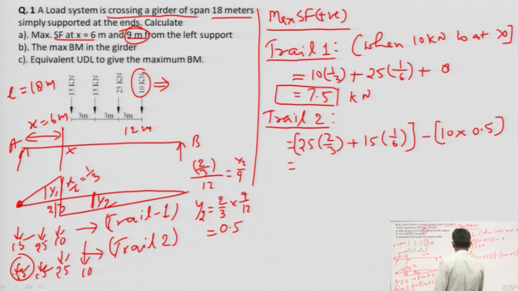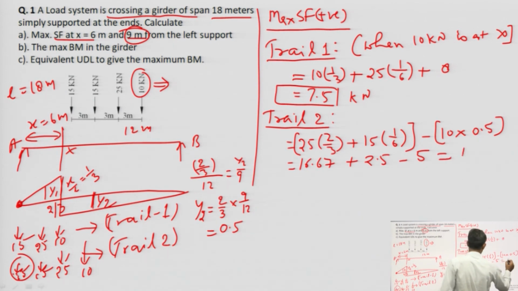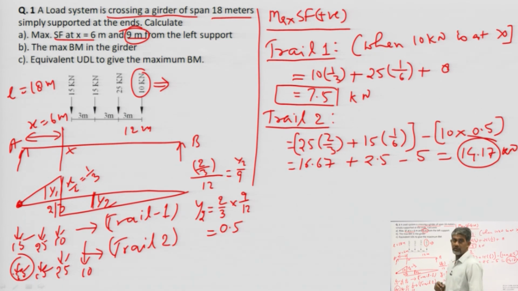So, what result are we getting? 25 into 2 by 3 is 50 by 3, which is 16.67, and 15 divided by 6 is 2.5, and here it is minus 5. So, the total value is 14.17 kilonewton.